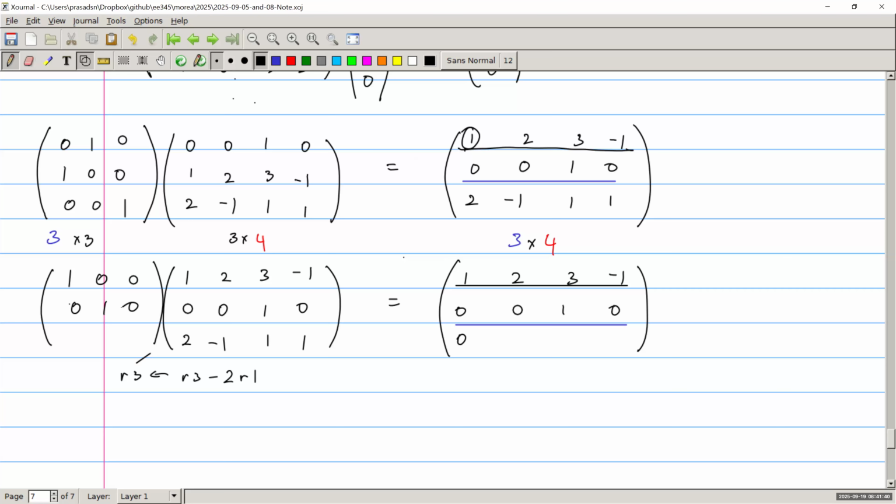And the third one, we are going to do this linear combination. So this is row 3 minus 2 row 1 plus 0 row 2. What are the coefficients I write here?